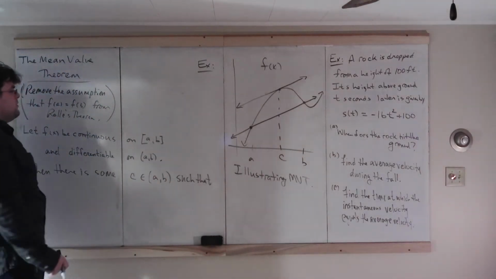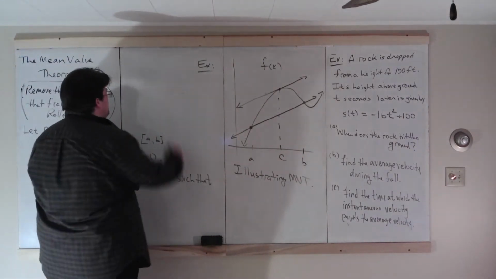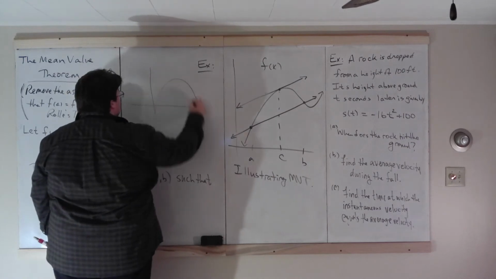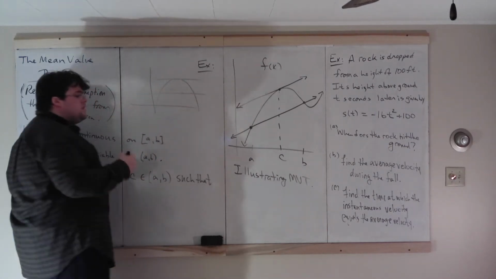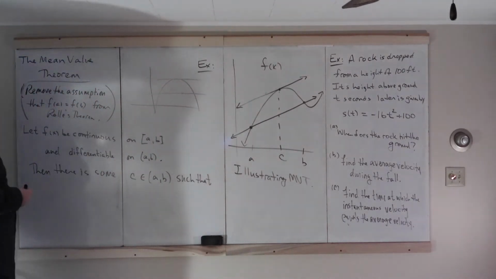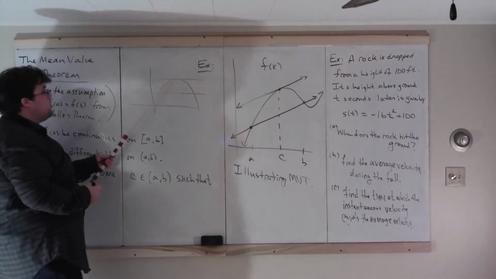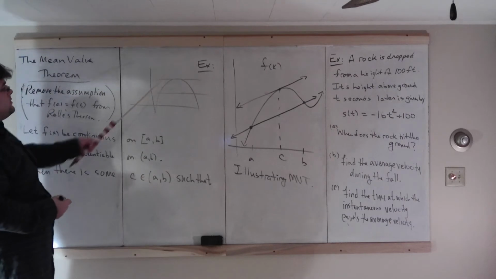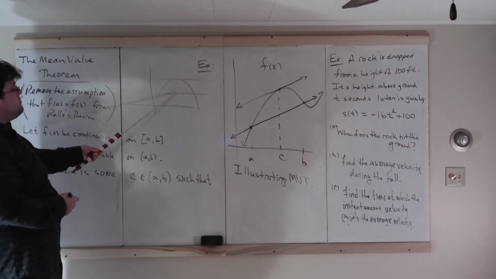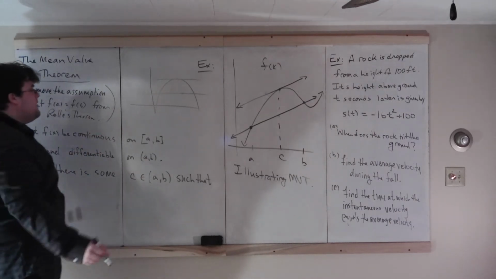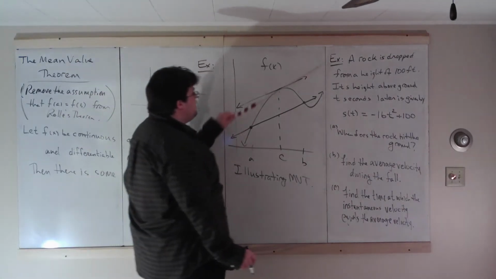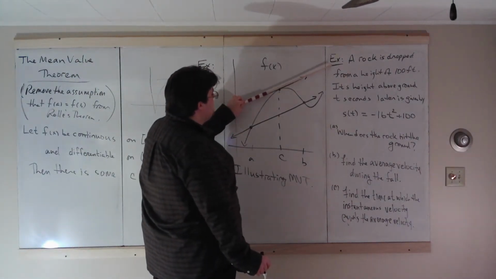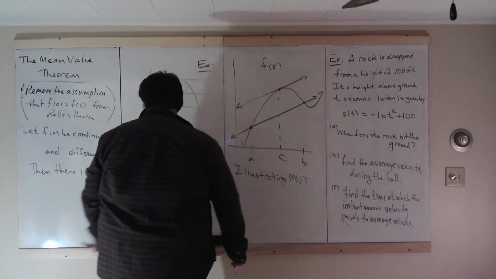Now, the Rolle's theorem argument said we have these parallel lines, and the conclusion was actually saying the slope of this line up here is the same as the slope of this line down here. Slope of this line, f prime of c, slope of this line, 0. Well, we have the same situation here. Slope of this line up here, derivative at c.